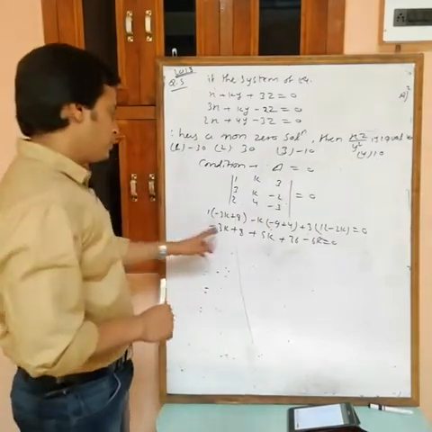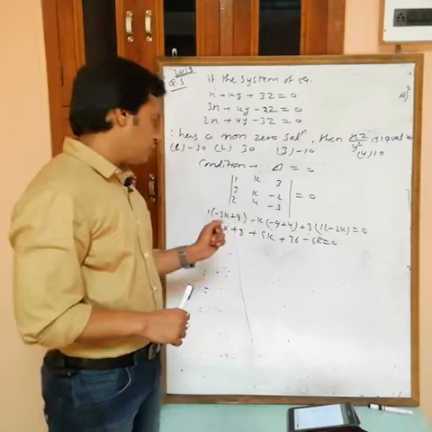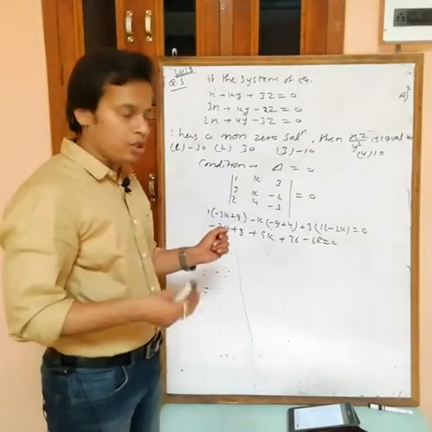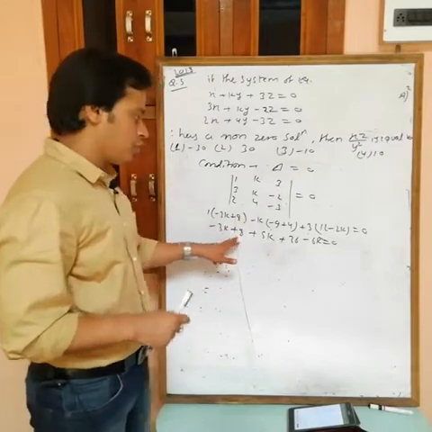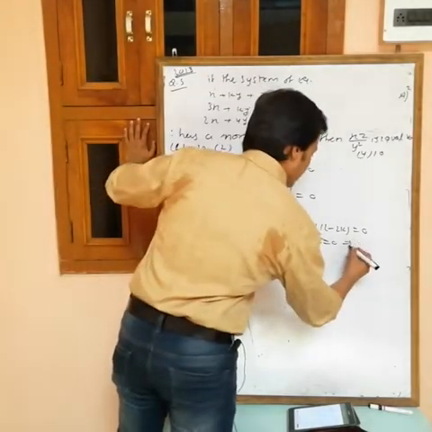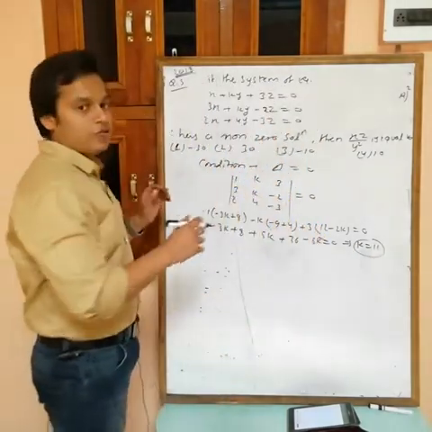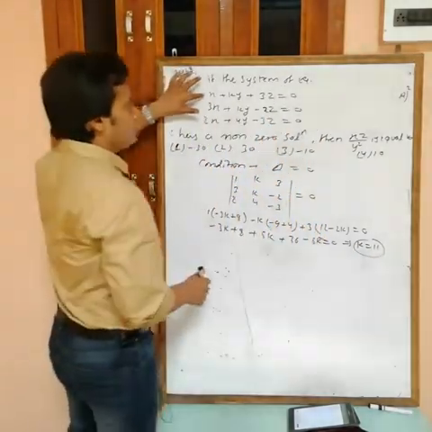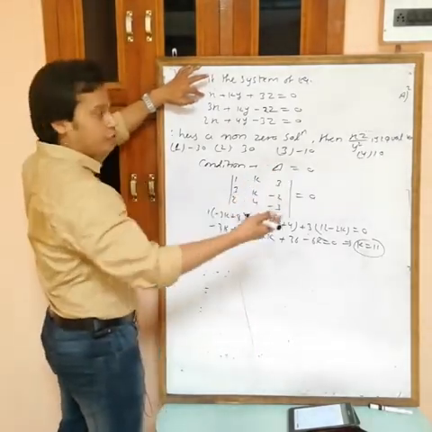From this you will get -9k + 5k, so -4k, and this one is 44, so k is equal to 11. From this we are getting k equals 11. Now put k equals 11, because for k equals 11 there is del equals 0, which means we have a non-zero solution.